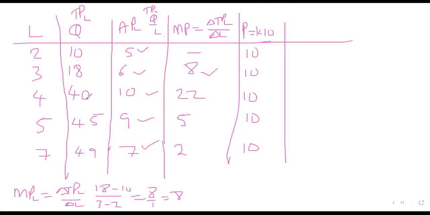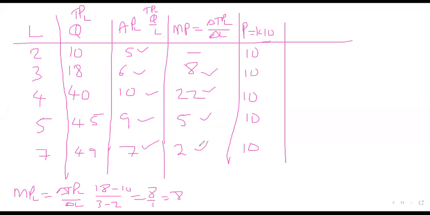Then 40 minus 18 is 22, divided by 4 minus 3 is 1, that is 22. Then 45 minus 40, which is 5, divided by 5 minus 4, which is 1, so it's still 5. 49 minus 45 is 4, 7 minus 5 is 2, so 4 over 2 is 2. Are we together?